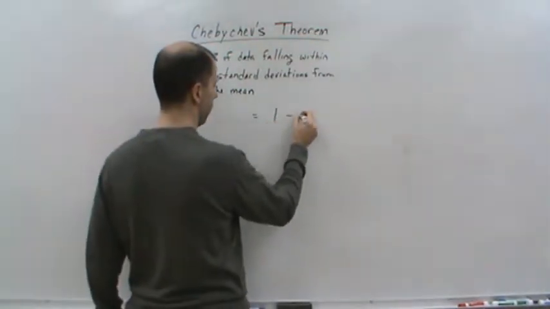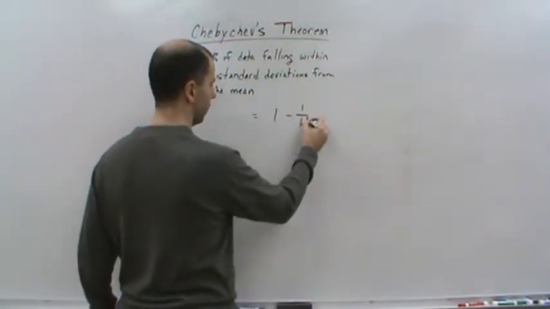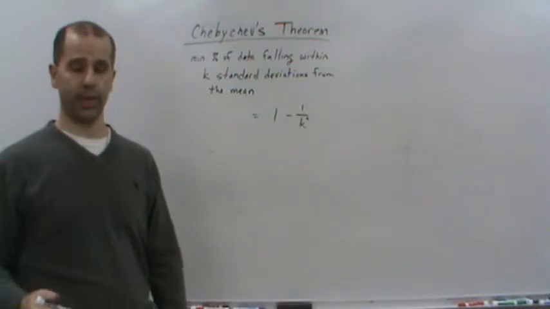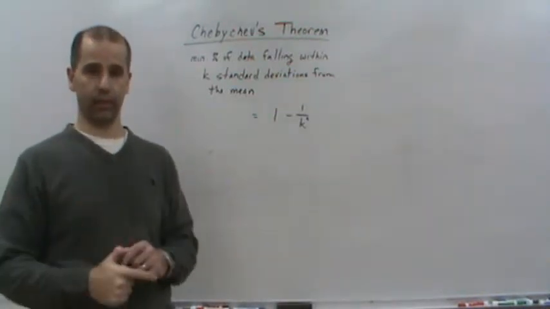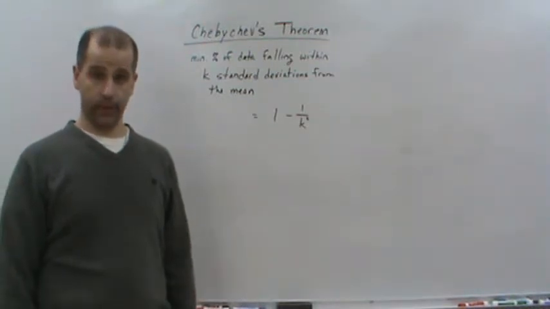It's just 1 minus 1 over k squared, where k is the number of standard deviations you want to be within. So we're always talking about the middle percentage.